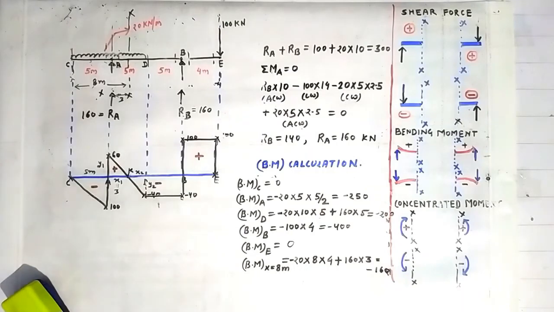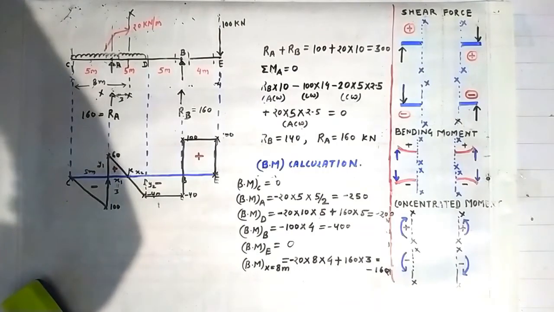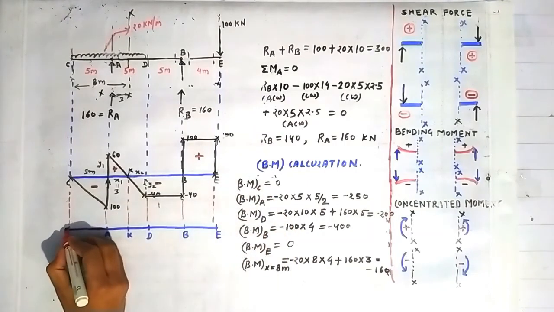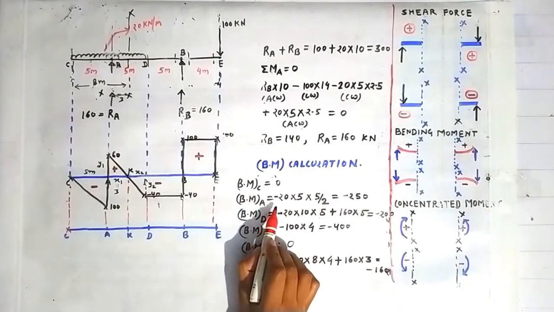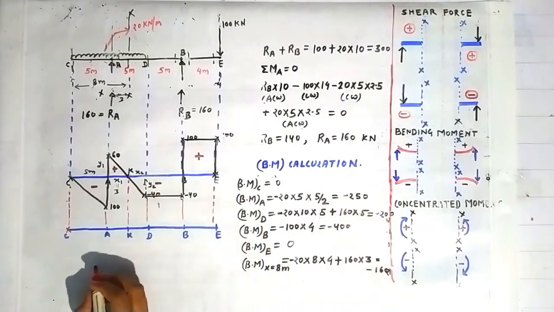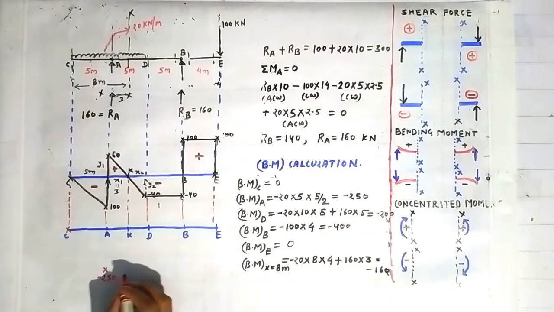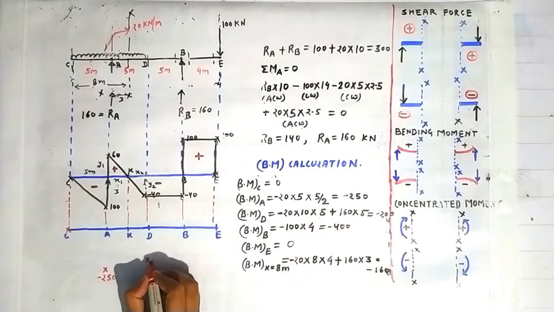Now friends, we will draw the bending moment diagram. See, the bending moment at the point C is 0, so we can cross here. Bending moment at the point A is minus 250, so minus 250 will lie somewhere here, suppose below the point A. Bending moment at the point D is minus 200, so minus 200 will lie somewhere here.